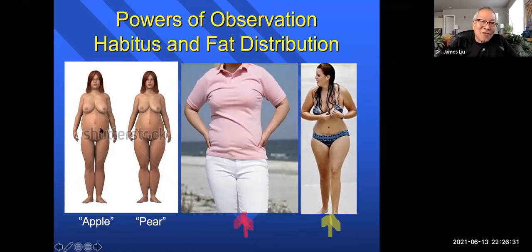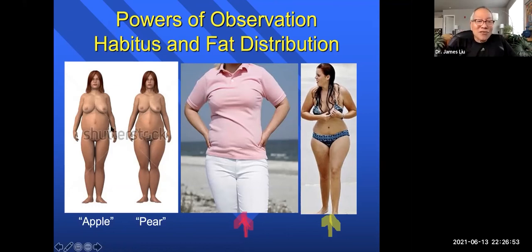This is an individual with an apple distribution, so a large amount of abdominal fat distribution, whereas this individual is more of a pear and has more prominent hips compared to the waist.